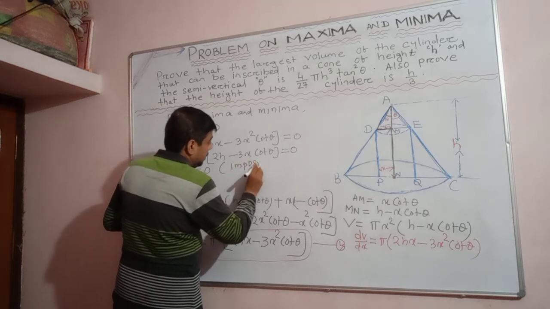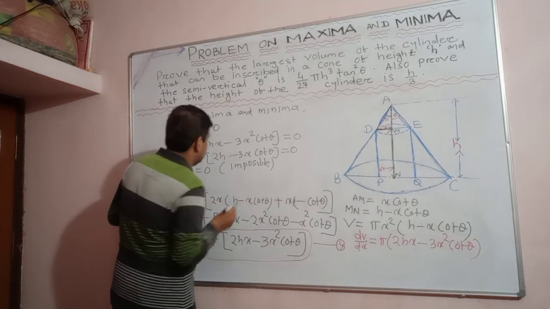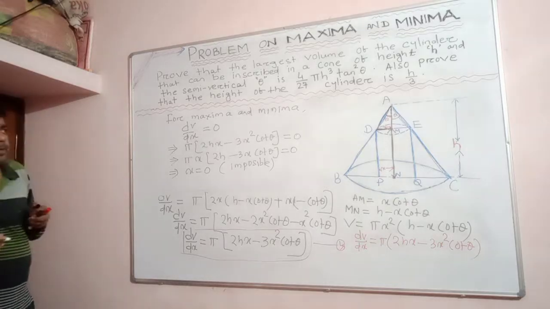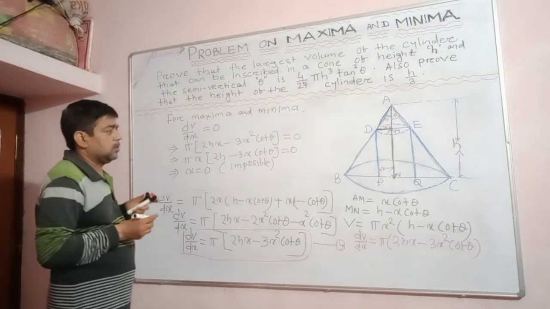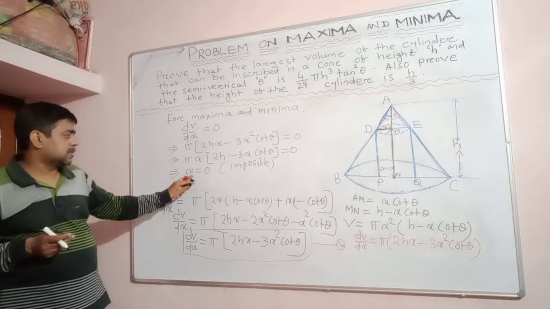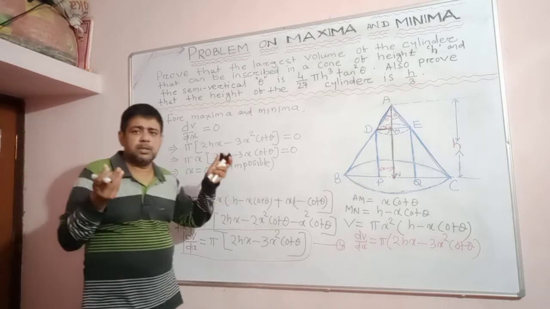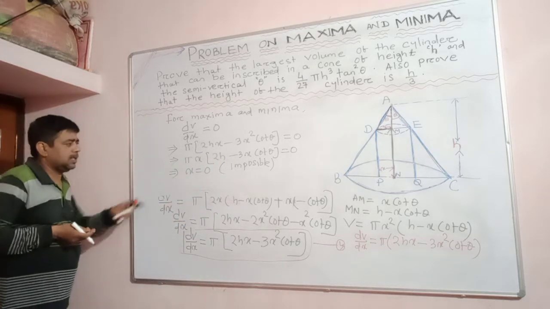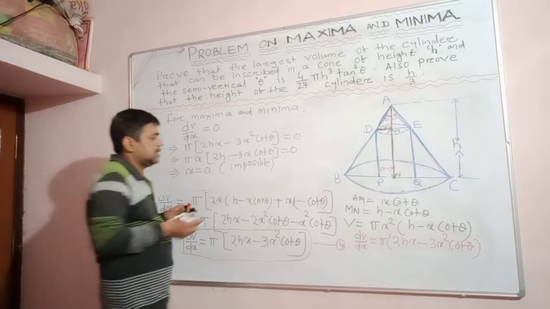Impossible. Why? Because if the radius of the cylinder is 0, the volume of the cylinder cannot be maximized. The volume of the cylinder will be meaningless. Understand? Because if the radius of the cylinder increases, the volume of the cylinder will also increase. That's why x equal to 0 is impossible, hence rejected.